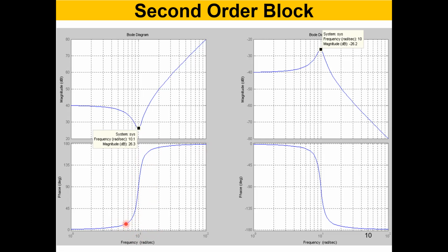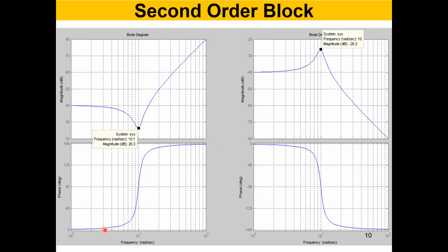I guess maybe 15 degrees to about, how much would that be? Like 170 degrees. So see this huge phase change from 15 to about 170 degrees within a matter of a few radians per second. Okay, a highly nonlinear transition. And all the higher frequencies have pretty much the same phase, and all the lower frequencies have pretty much the same phase without much change.